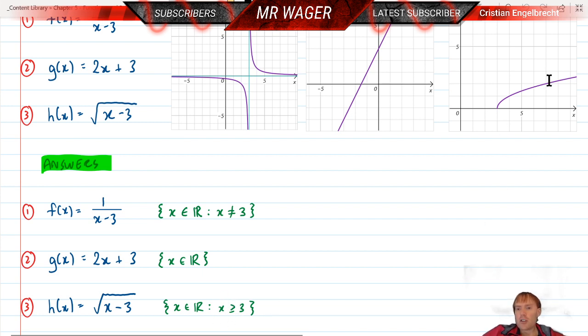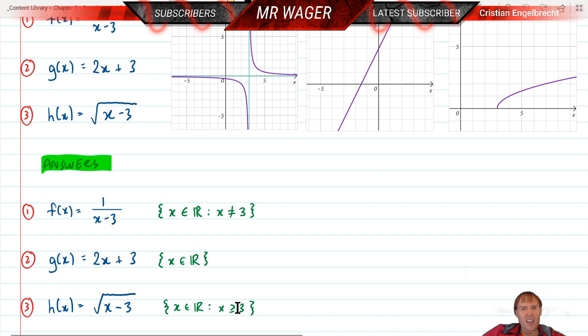So think about it in terms of my graph, okay? The graph starts at 3 and goes onwards. This domain is telling us what the possible x values are in our graph. So it goes from 3 and higher: x is greater than or equal to 3. You could potentially say the domain is x is an element of real numbers, but x does not equal values that are less than 3.